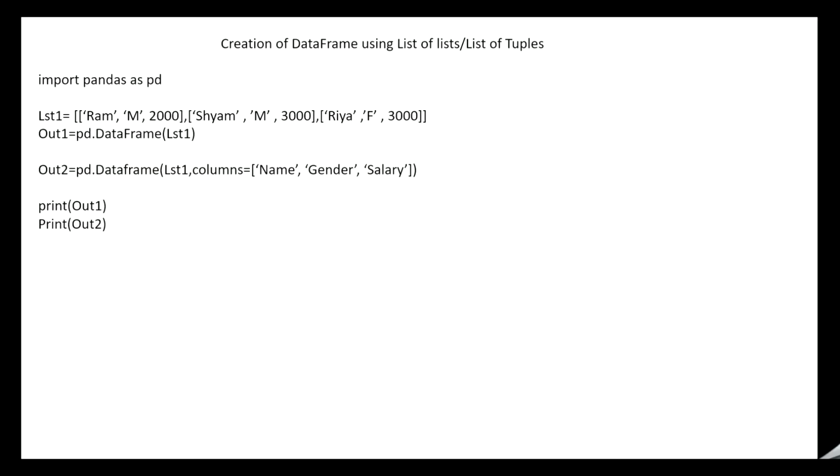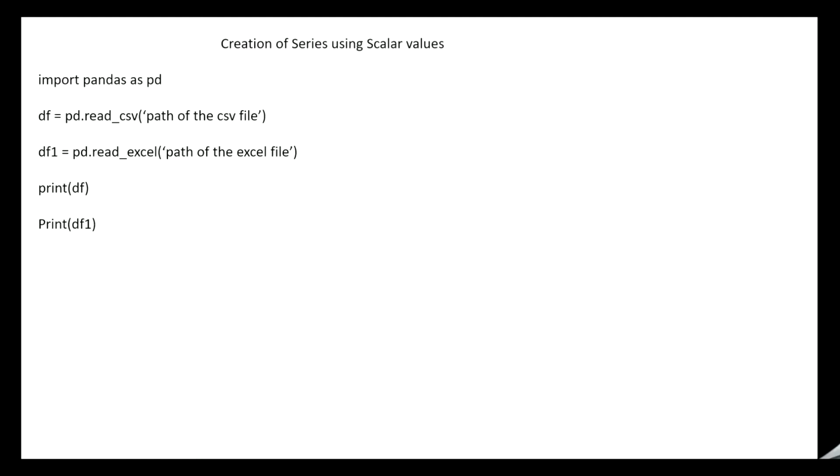The third one we saw with the help of list of lists or list of tuples, where each inner list acts like a row in the data frame. And fourthly, we saw with the help of read CSV and read Excel how we can get the data in the CSV file or in the Excel file as a data frame or in the tabular format.